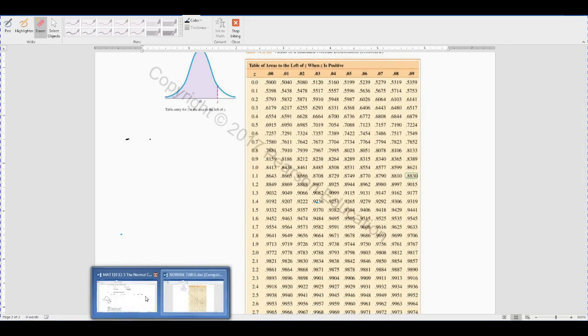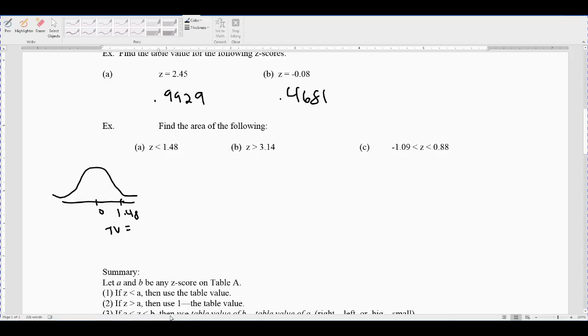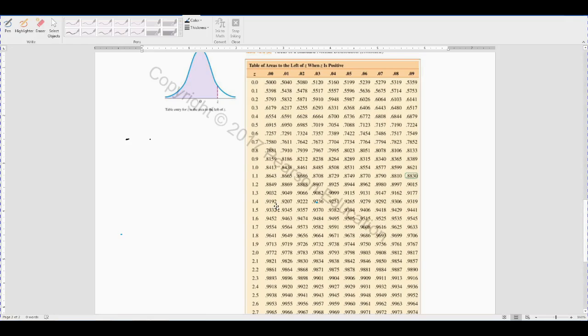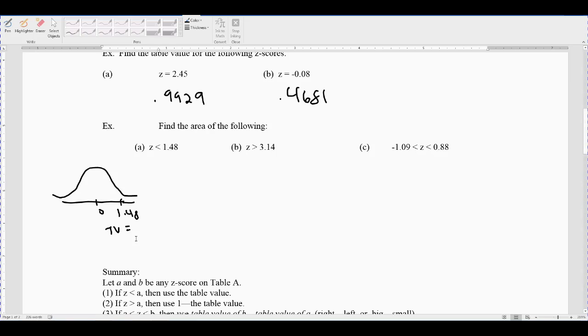So looking for 1.48, there's the 1.4, and then there's the 8. Got that? 0.9306. So the table value is 0.9306.